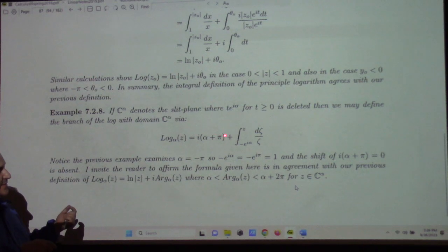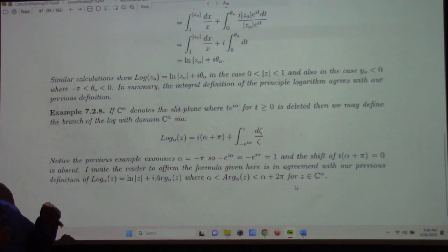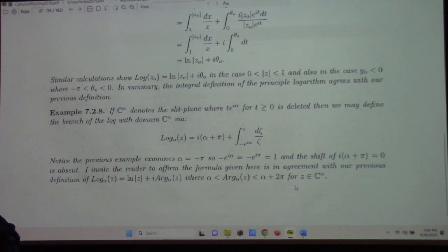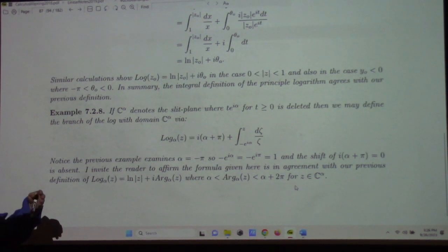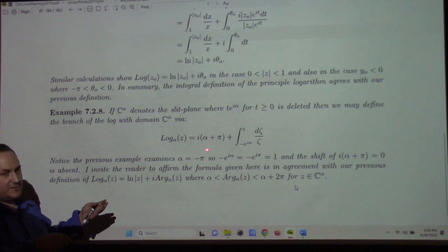Now, this is weird. I had to think about this for a little bit, but in order for us to get a range of angles, if you think about this integral, it's the same as the one we just worked through. It's going to generate values between minus pi and pi. So if you want the angles to actually go from, say, alpha to alpha plus 2 pi, I have to shift the imaginary part by this sort of ad hoc correction term.